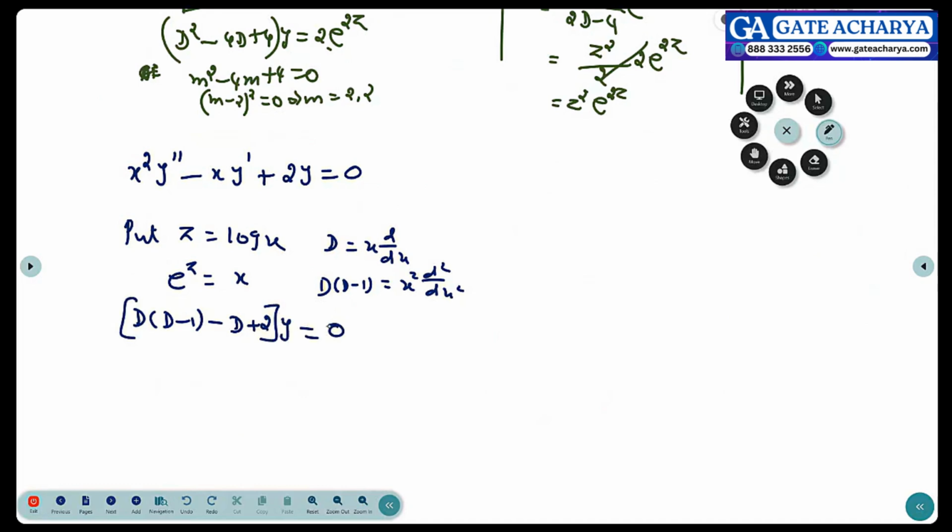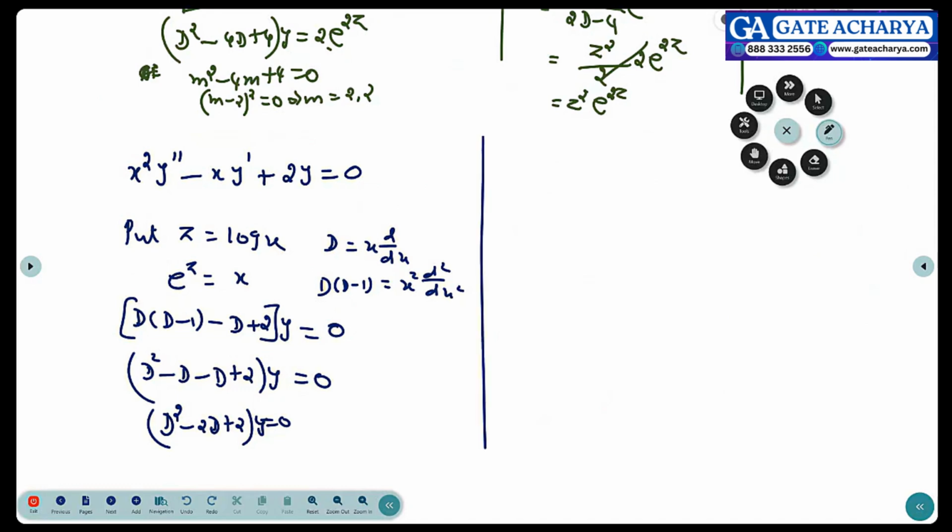Then multiply out all D. So D square minus D minus D plus 2 into y is equal to 0. That is D square minus 2D plus 2 into y is equal to 0. So sum is minus 2, product is 2. Apply the formula.